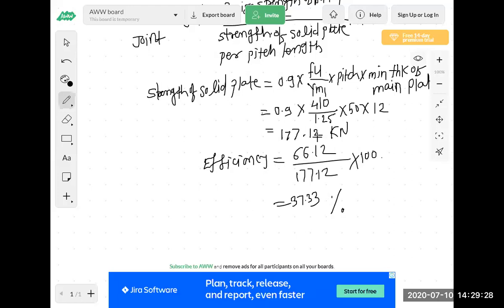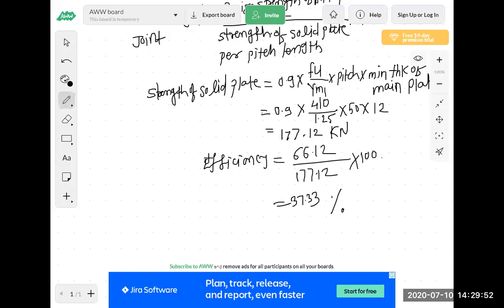Are you getting? If here 98.4 is there, then efficiency will increase. If here 110 is there, then efficiency of joint is whatever strength carried by the joint. It may be due to shear, it may be due to bearing, or it may be due to tensile. Out of these three, divided by strength of solid plate, that will be the efficiency. Are you getting?